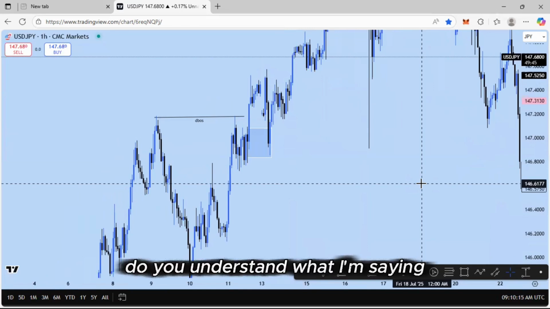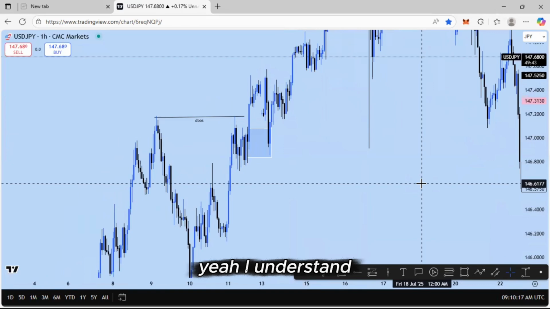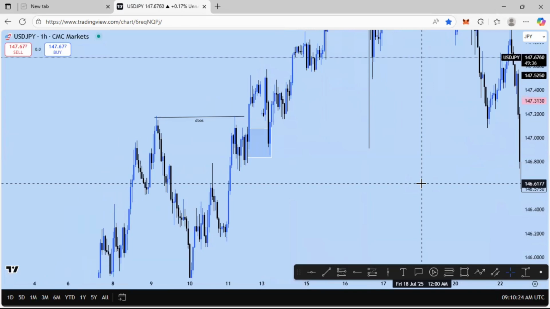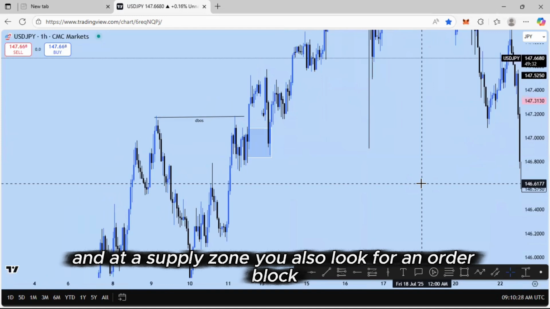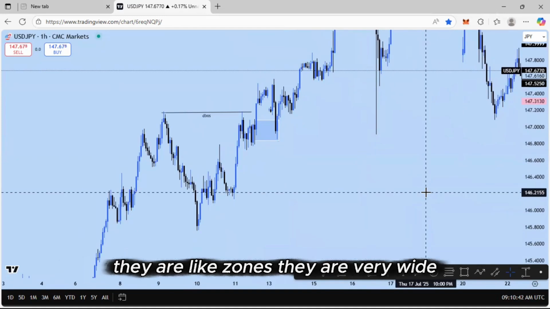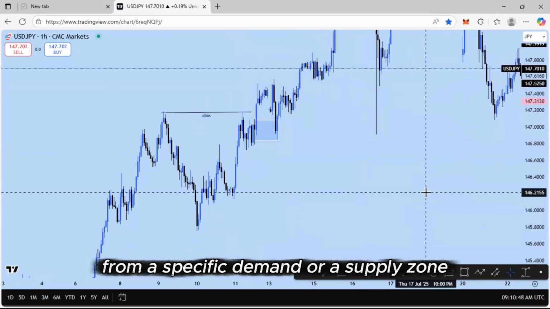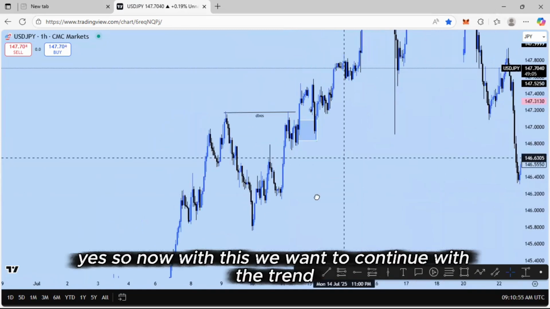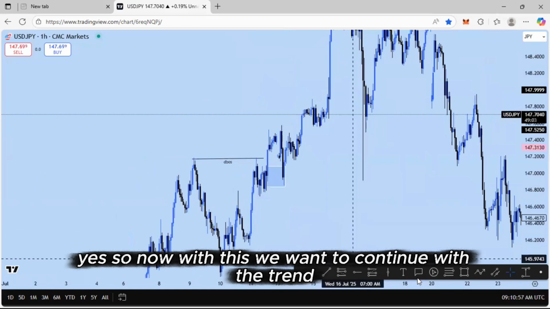Do you understand what I'm saying? Yeah, I understand. So at a demand zone, you look for an order block, and at a supply zone, you also look for an order block. They are zones, they are very wide. But for order blocks, you are looking for it from a specific demand or supply zone. Yes.